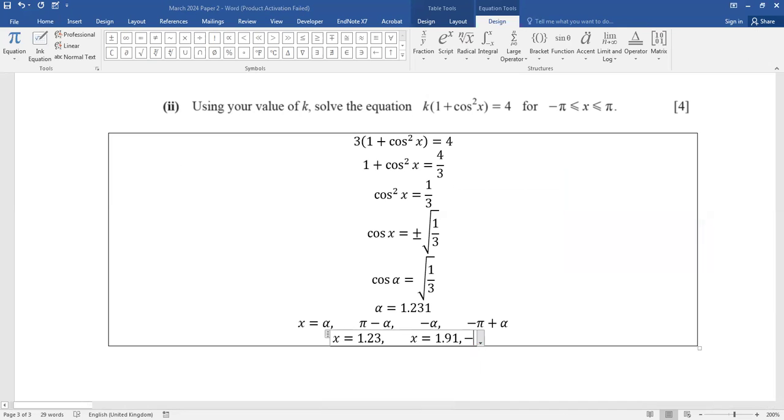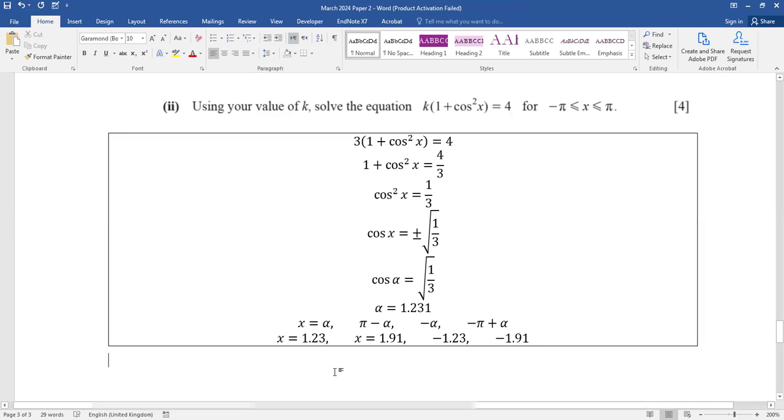We have negative 1.23 and negative 1.9. Obviously draw the four quadrants to help understand this in a better way. Right now I'm just focused on solving the paper, and for that this solution I believe is enough.